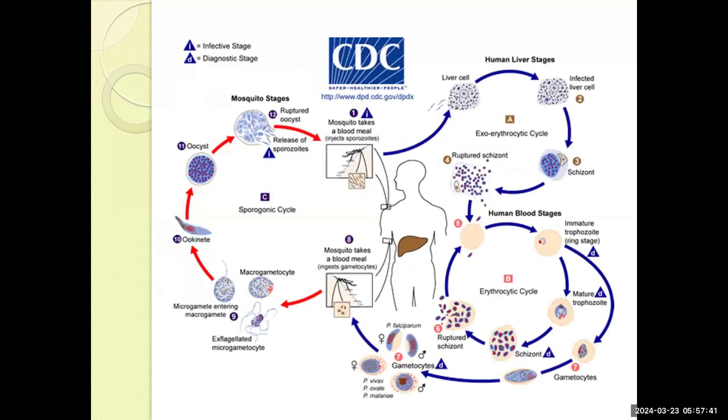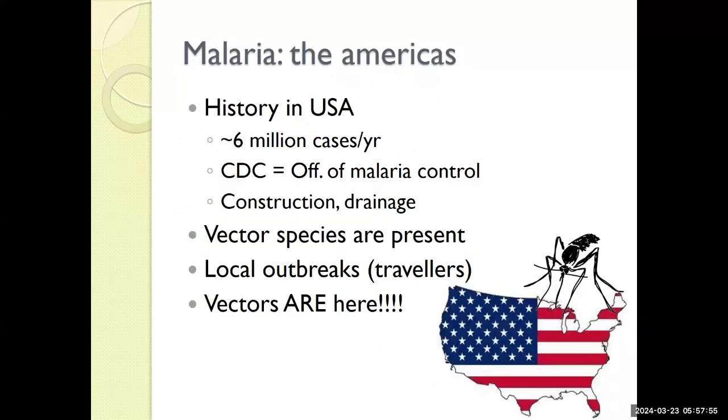It's interesting to note that malaria is not something that you can get person to person. The mosquito is key. And while we can talk about malaria in terms of what's happening in Brazil or India or Africa, the truth is the US has a history of malaria as well. In fact, we used to have 6 million cases alone.